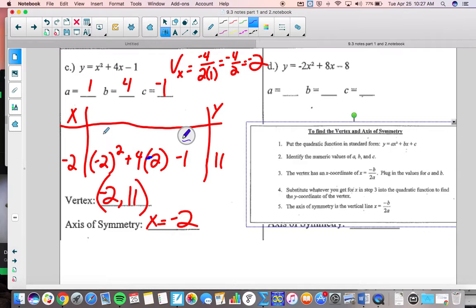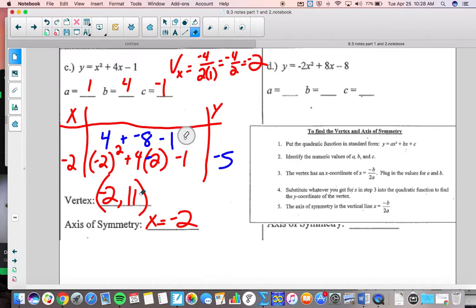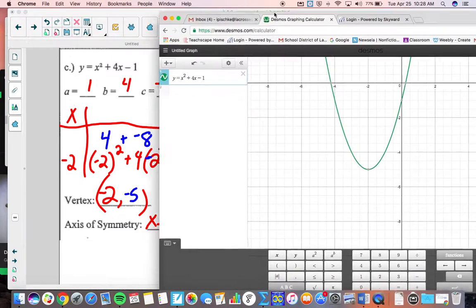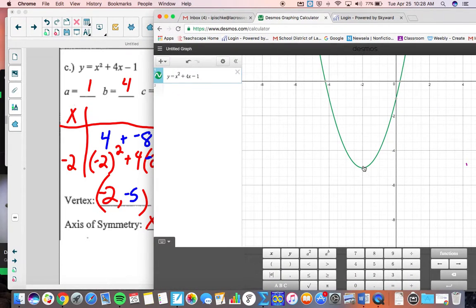I plugged in a positive 2 there. So if we do this, we get -2 squared is 4 plus -8 minus 1. 4 minus 9 is -5. Oh, good thing we checked on our graph. Actually a calculator would have helped there, folks. I substituted in wrong. Sometimes we copy wrong, right? So was that -2, -5 then? Yep, there we go. -2, -5 is our vertex. And then our line of symmetry would be a vertical line through -2.